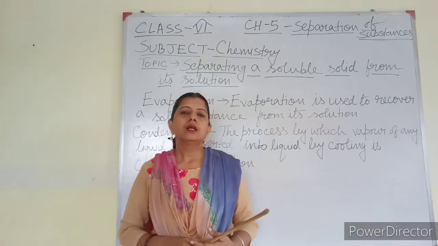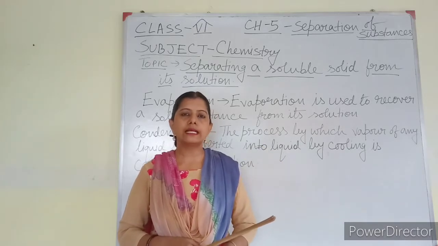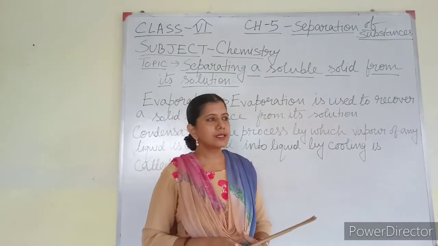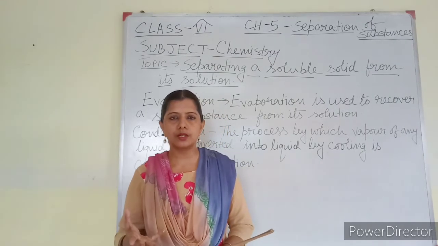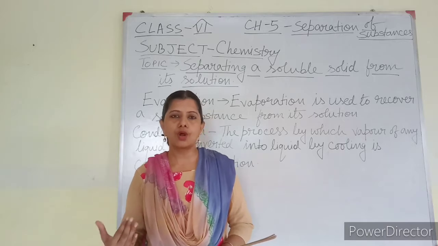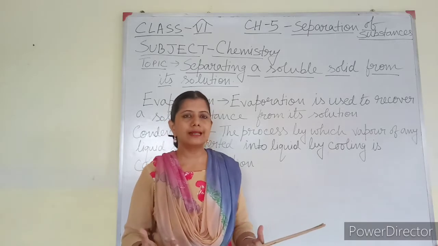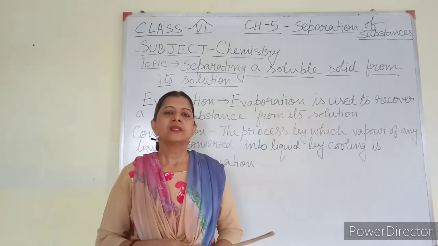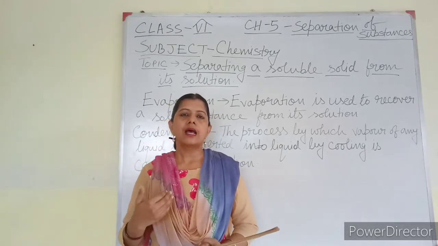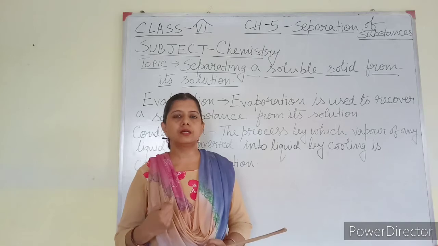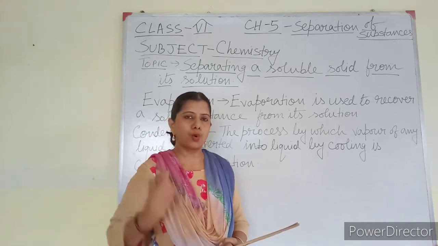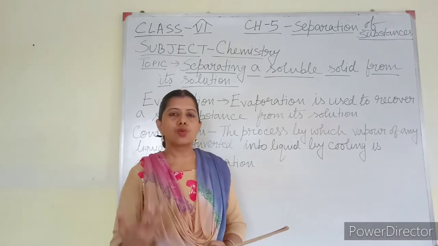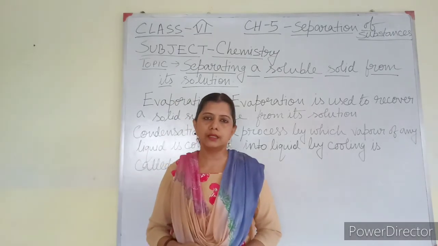Beside the sea, raw common salt is prepared by this method. You have learned in SST about the Dandi March. Gandhiji revolted against the Europeans who came from England, and he said that salt should be made by our own country, by our own people, in our own way. So what was the method for making salt?